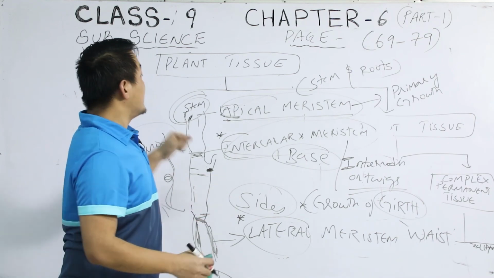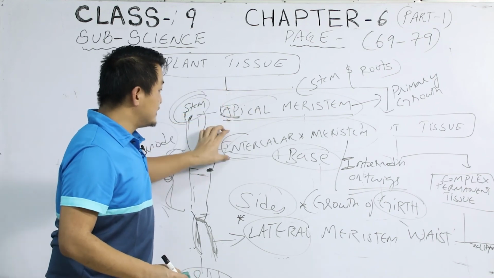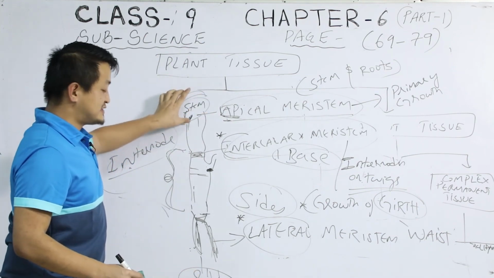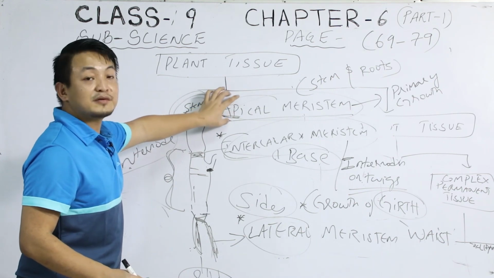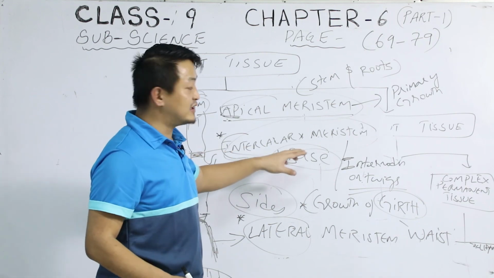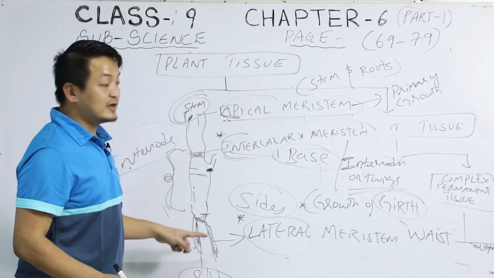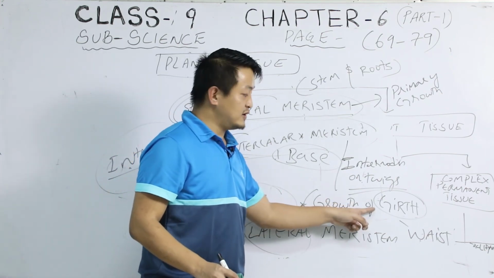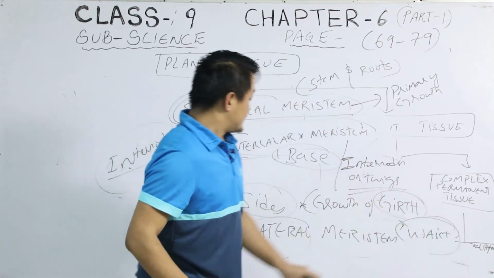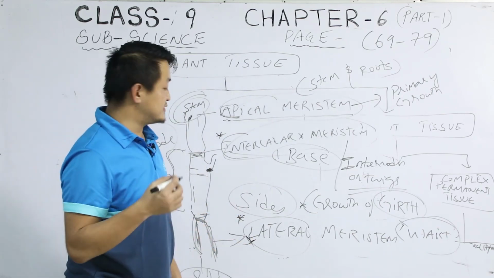We have three types: apical, intercalary, and lateral. Apical is on the growing tip of the stem and root, which is primary growth. Intercalary is on the base of the leaf and internodes on twigs. The lateral occurs on the sides and is responsible for the growth of girth, which in humans is the waist. This is also an example of secondary growth.